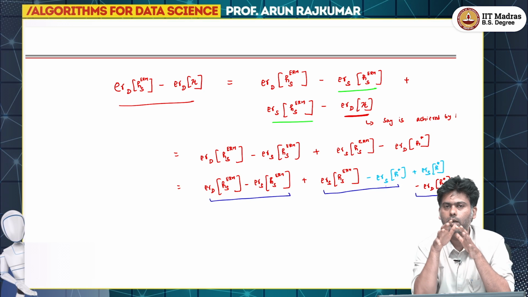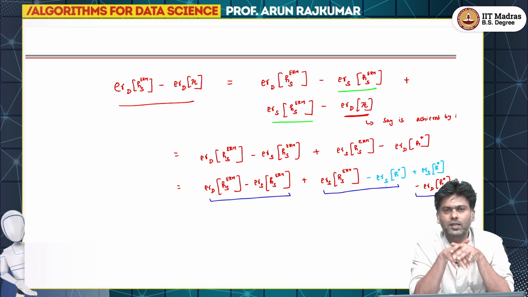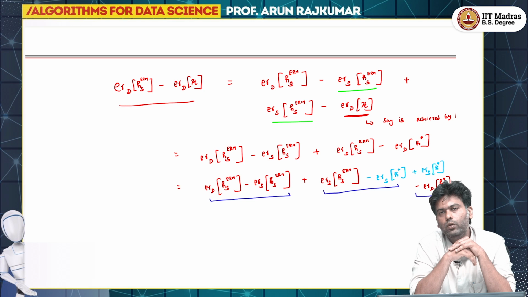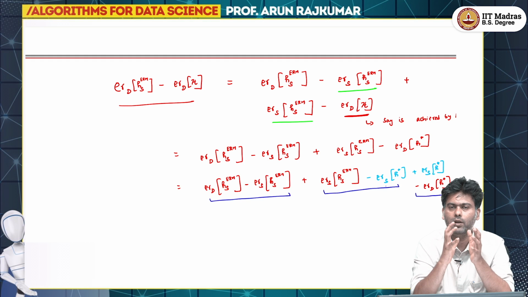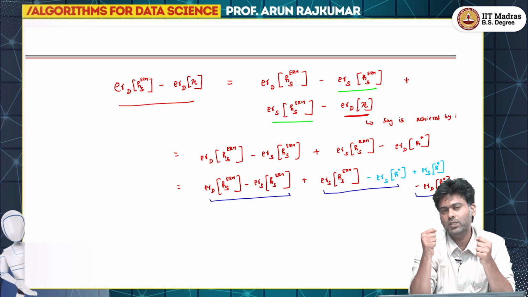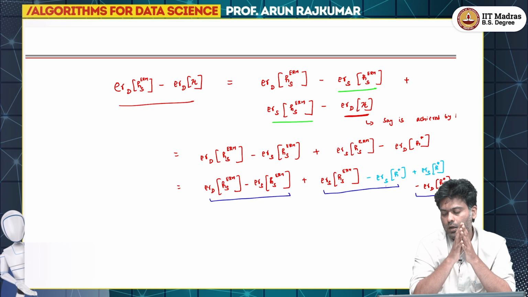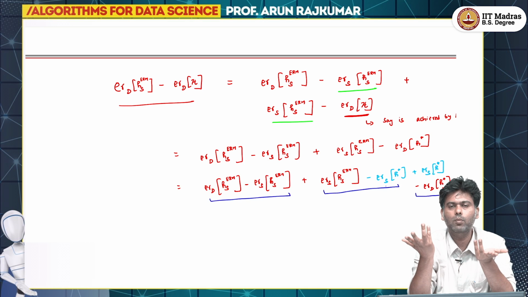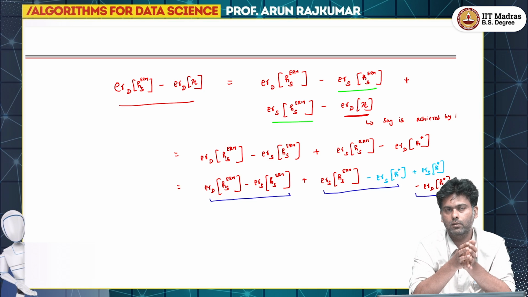Let's think about this for a second and ask, what do we know about this quantity? You have a data set and you are computing the training error of two classifiers, one which is the ERM, the other the best possible classifier that makes the least test error. H star might make the least test error, but the ERM makes the least train error. That is why it is an ERM.